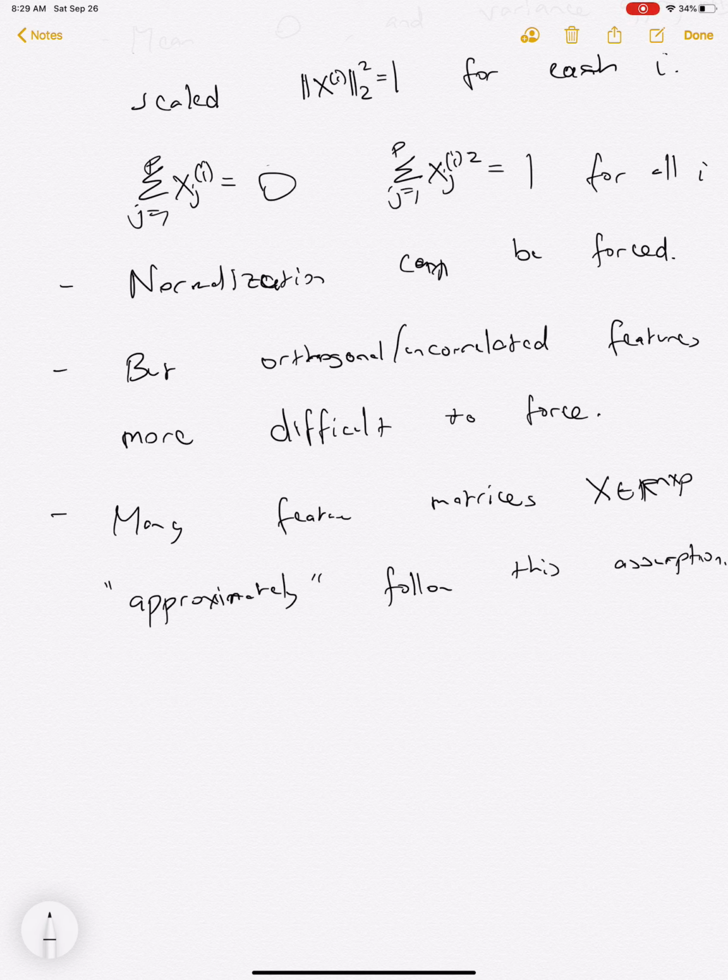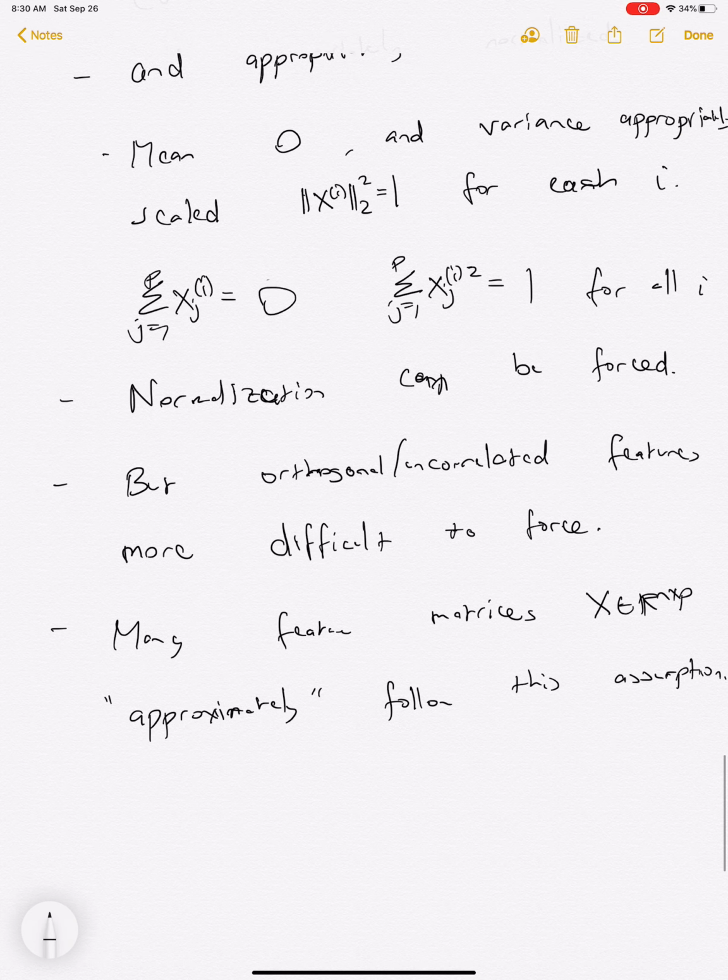For example, the one you used in your homework 1, the way you generated that X won't follow this assumption exactly, but it will get very close.